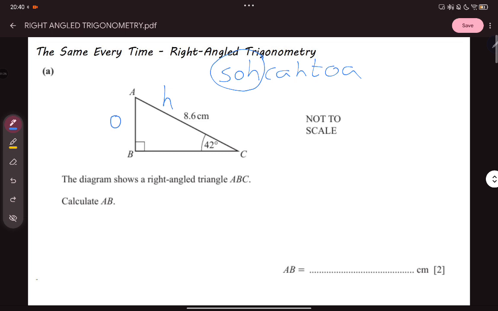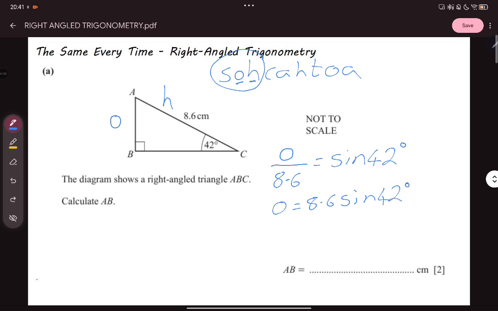So remember, it's O divided by H. O is what they want us to find, so I'm just going to call it O. O divided by H, which is 8.6, in this case is sine of the angle, sine 42 degrees. And I'm dividing by 8.6 on the left-hand side, so just multiply up by 8.6 on the other side. 8.6 multiplied by sine 42 degrees.